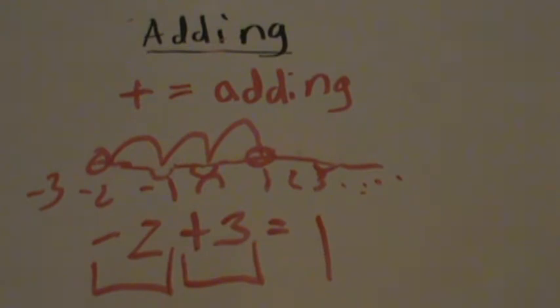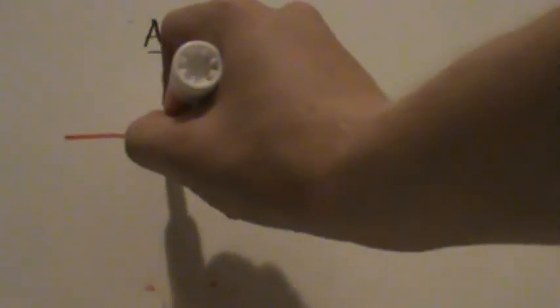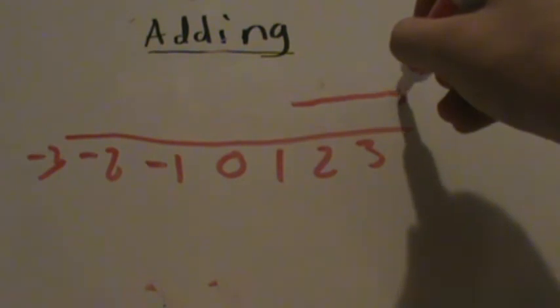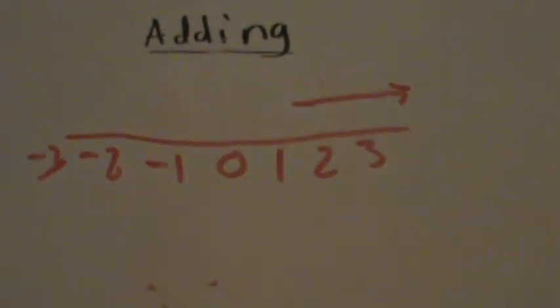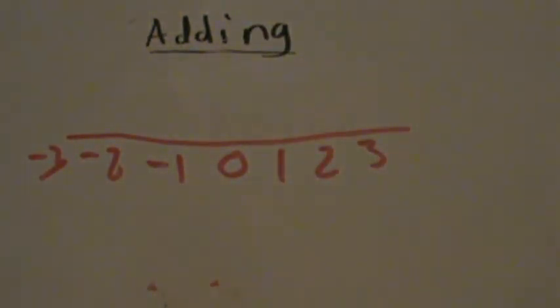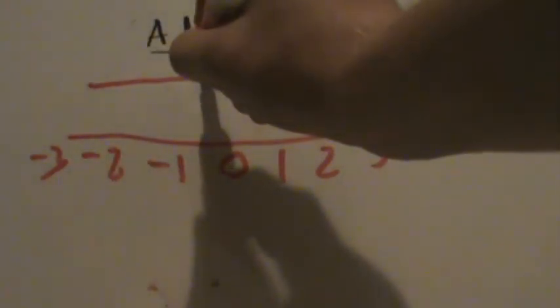So basically, what you should get out of adding is a couple of things. When you add 2 positive numbers, you'll always increase. You always go that way. In the situation where you add a positive number to a negative number, you'll go this way as well.